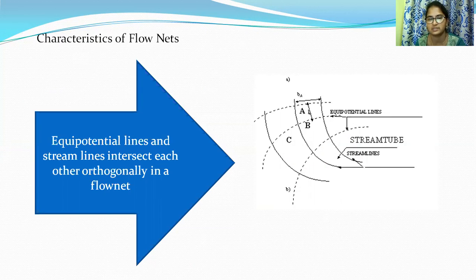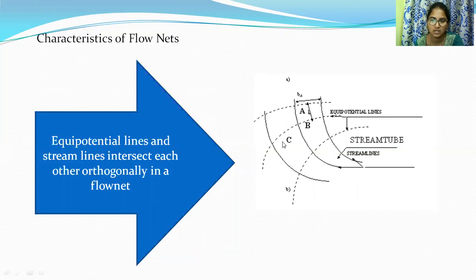What is a flow net, and what are its importance and characteristics? A flow net consists of equipotential lines and streamlines. The space between two streamlines is a stream tube. Here we can select one element, a small area.